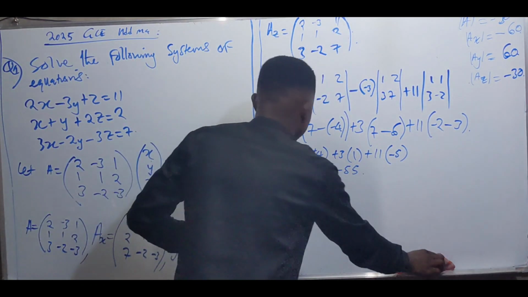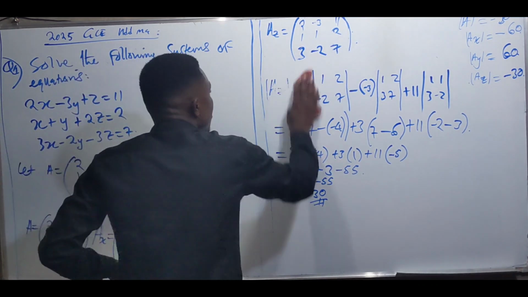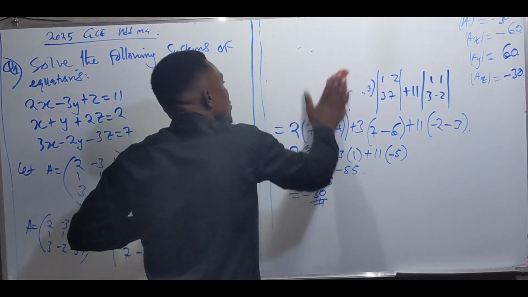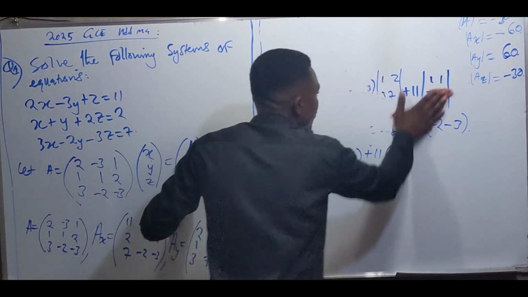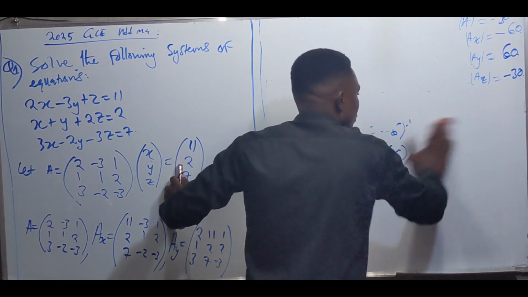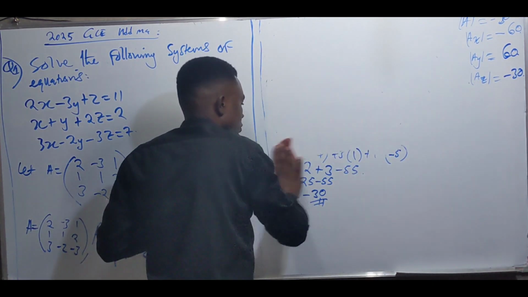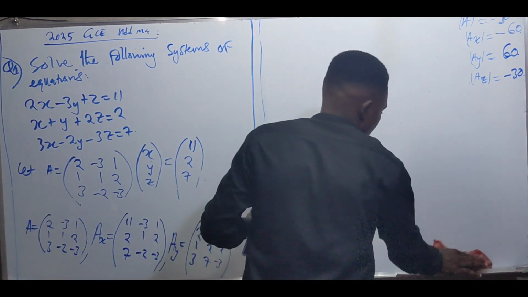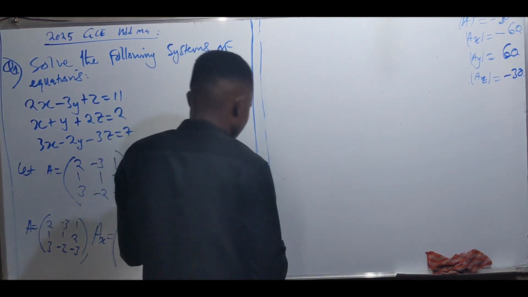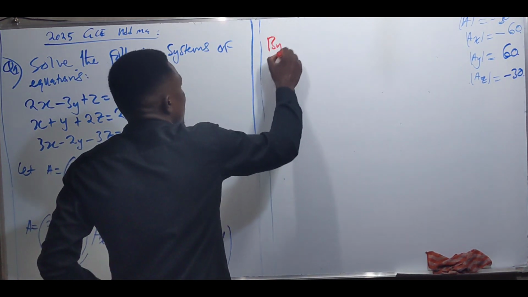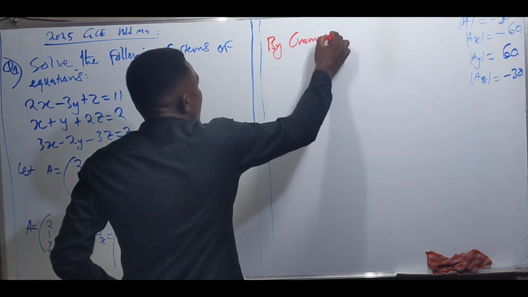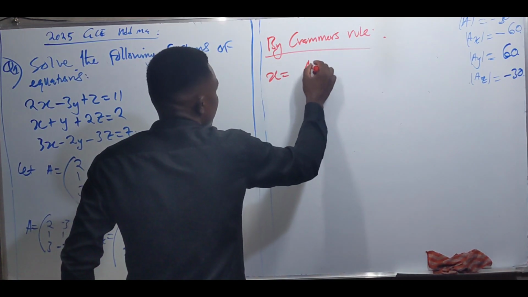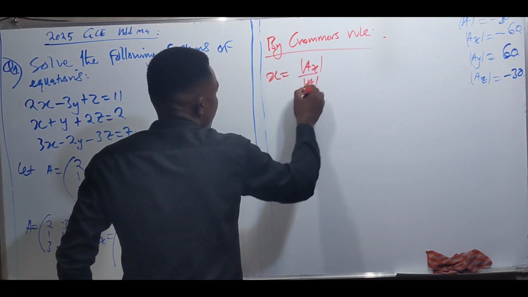Therefore, by Cramer's rule, let's see the values we are going to get. By Cramer's rule, we know to say x is equal to the determinant with respect to the x value divided by the overall determinant.